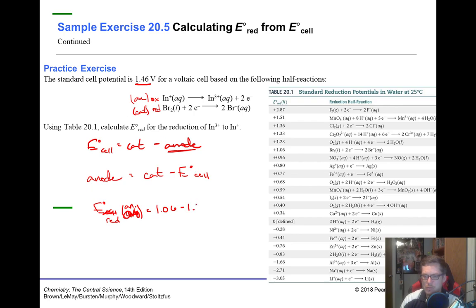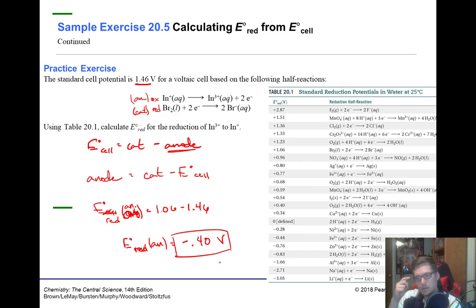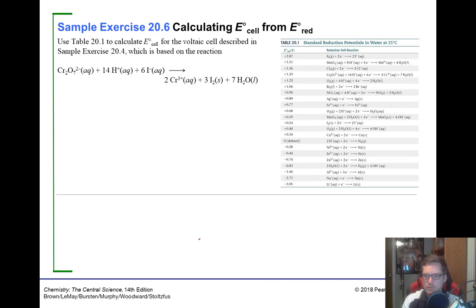So the anode is equal to the cathode, our bromine value of 1.06, minus the overall E cell, 1.46. So the reduction at the anode is equal to negative 0.40 volts. We can double check our work by plugging these in: 1.06 minus negative 0.4 gives you 1.46 volts.